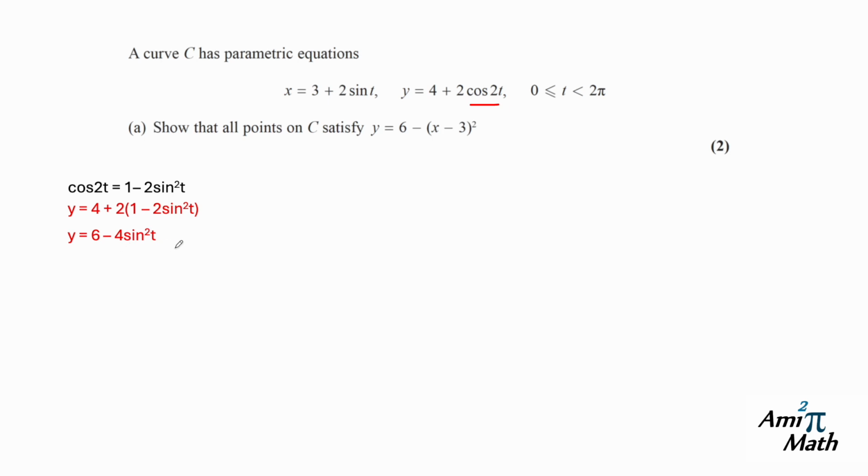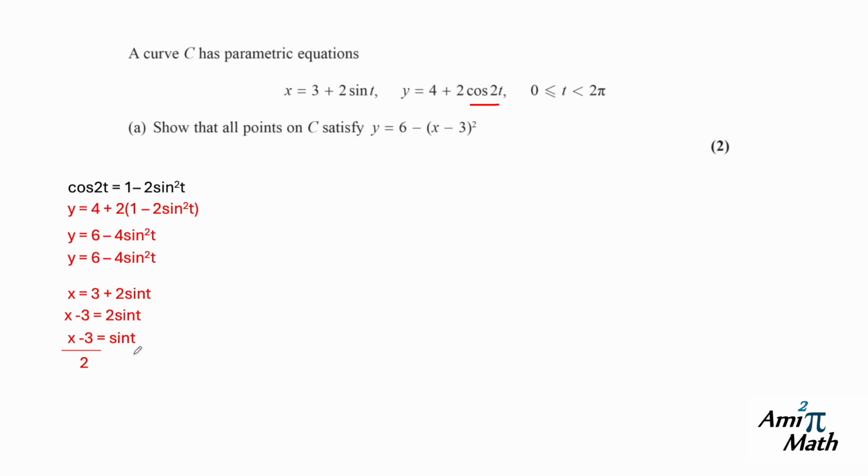sine squared t. And then for x, we write it as 3 plus 2 sine t, and we can rearrange it to get sine t on its own, which will be minus 3 on each side and then divide by 2, and this is sine t on its own.